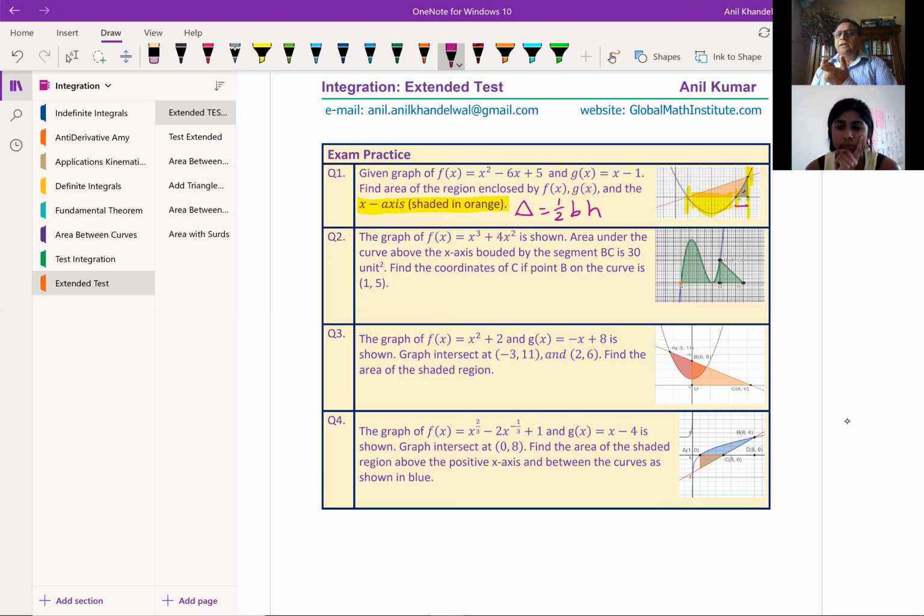So I'm only going to consider the f of x, the parabola, and find the area which is between the x-intercept and the point of intersection, the green area that I'm trying to show you, correct? So total area half base into height, that triangle minus the green area is the orange area. You understand the concept now? Right, that is going to be our approach to solve this particular question.